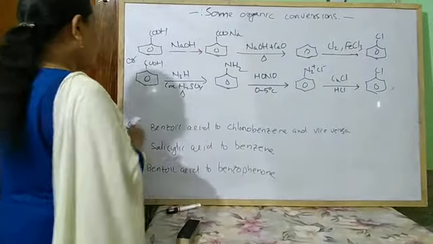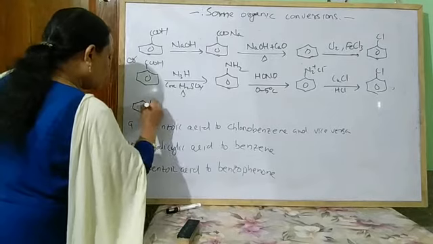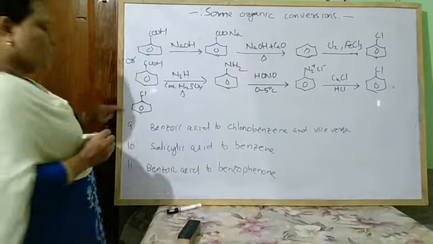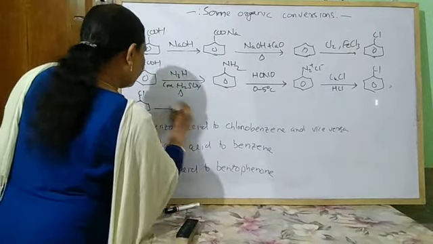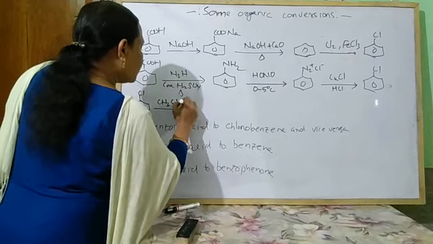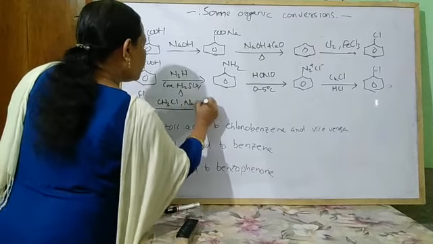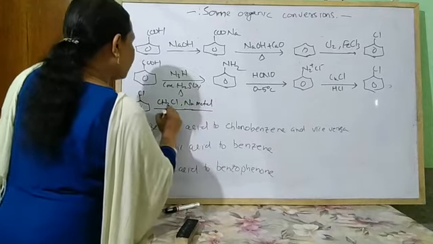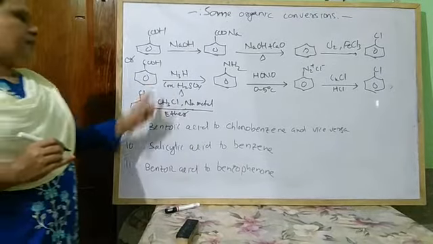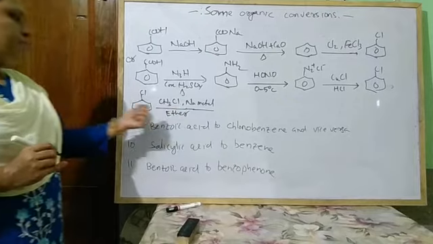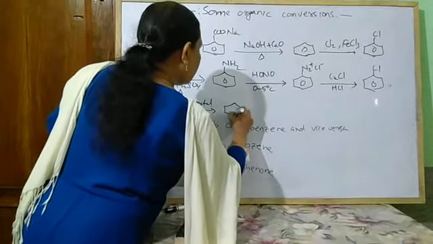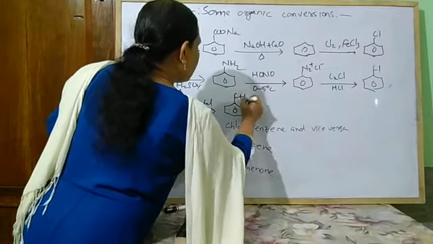So one simple reaction is there. I think you remember what the Wurtz-Fittig reaction is. When chlorobenzene is treated with methyl chloride in presence of sodium metal and ether, it forms toluene.